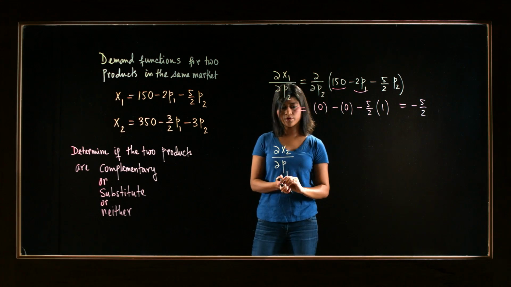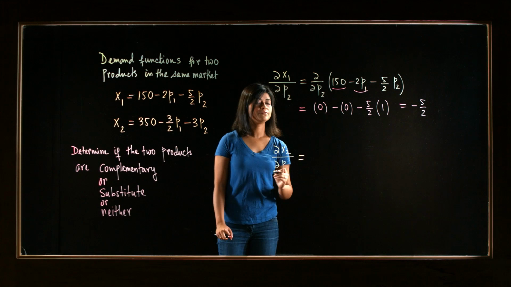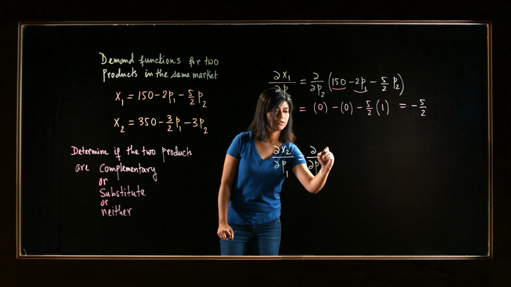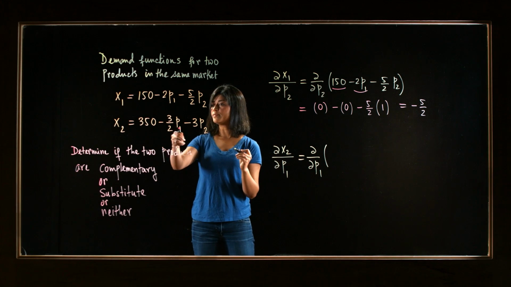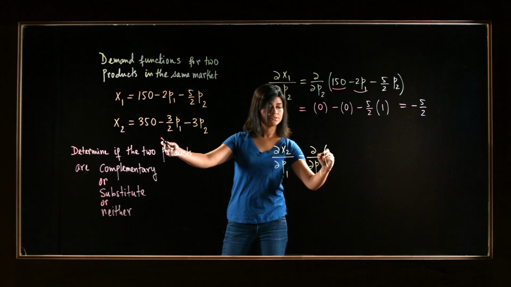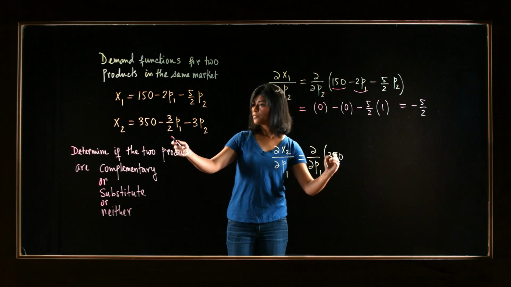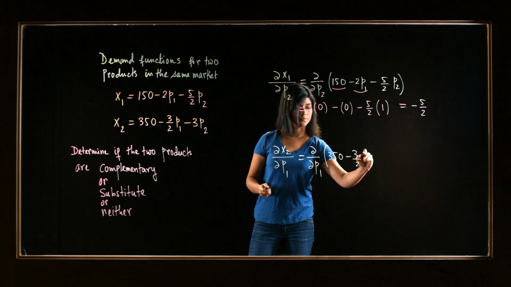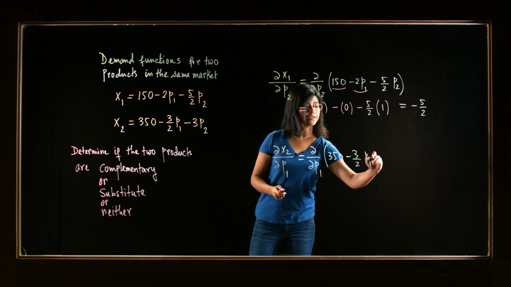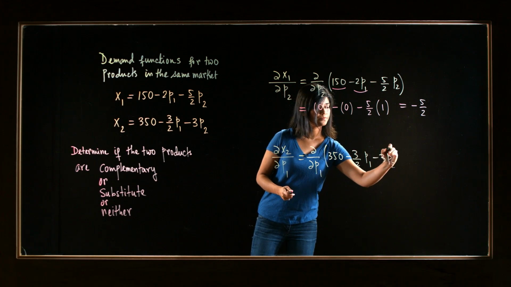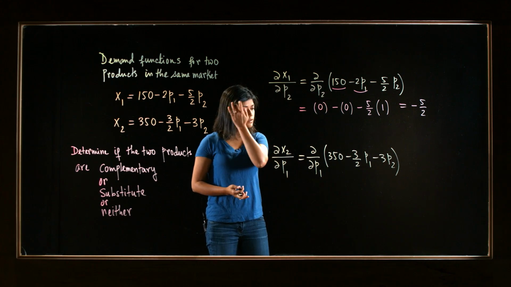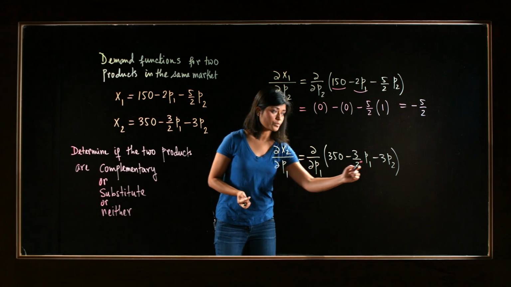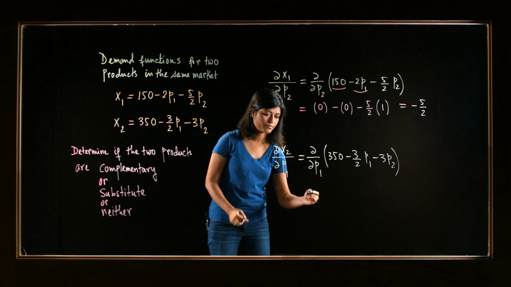For the second one, for this partial derivative, we are now taking the derivative with respect to p1 of the second demand function. So it's 350 minus 3/2 p1 minus 3p2. Again, recall that it's a derivative with respect to p1, so p2 will be considered constant.